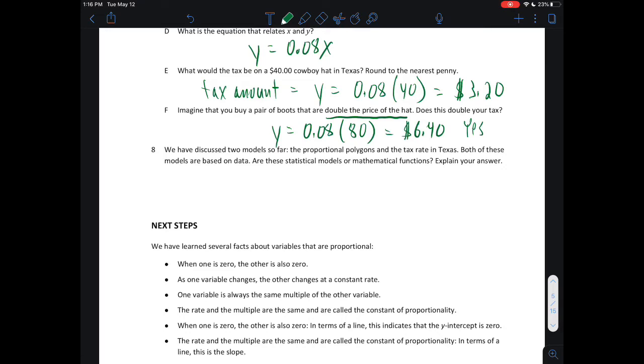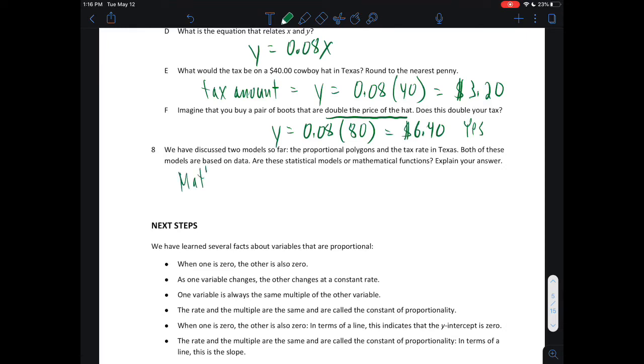Do you think if somebody else went and bought $40 worth of coffee for their office, would they get charged a different tax amount than the person who bought a $40 cowboy hat? No, the tax would be the same. So we only get one output for any given x value. So this is a mathematical function, and so is the polygon.